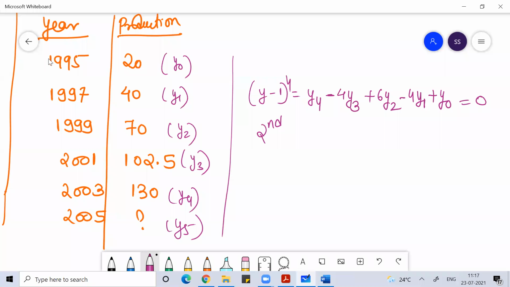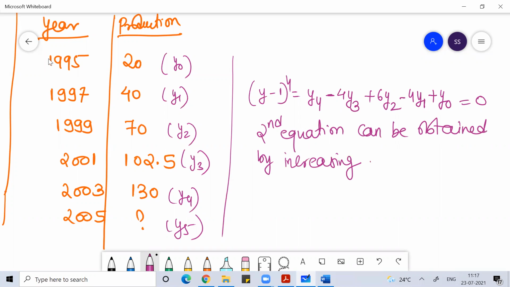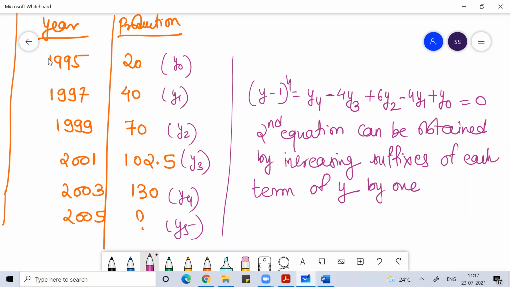The second equation can be obtained very easily, by increasing the suffix of each term of y by 1 and keeping the coefficient the same.